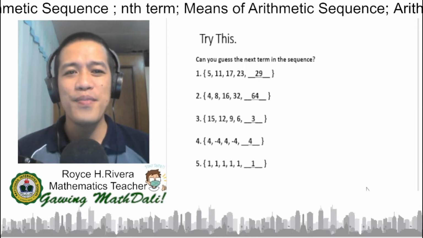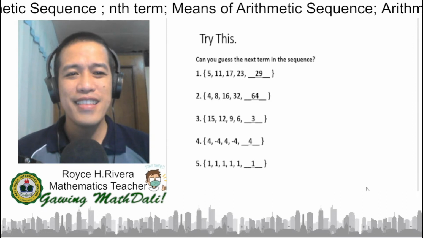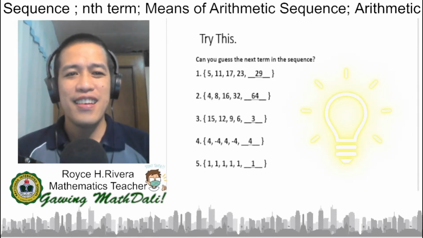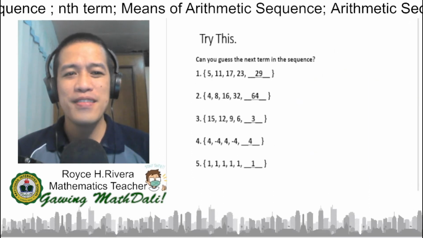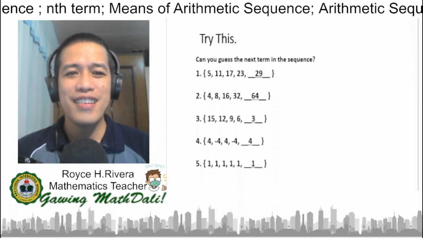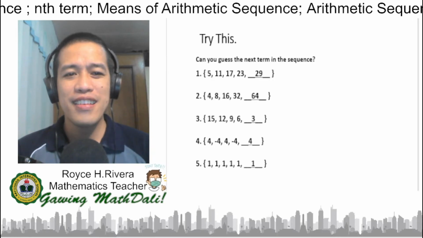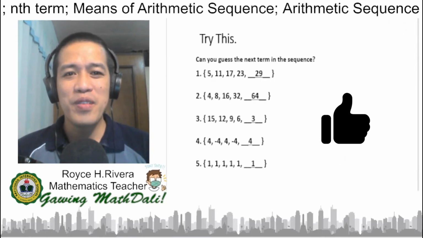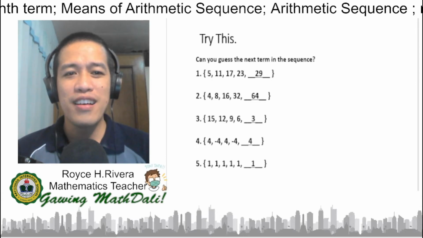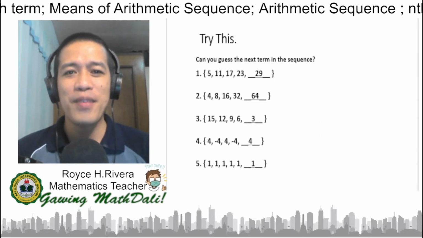Number 5, 1. Nakuha nyo ba ang tamang sagot? Kung oo, mahusay. Kung hindi naman, ayos lang. Aalamin natin ngayon kung paano nakuha ang mga sagot sa bawat item.